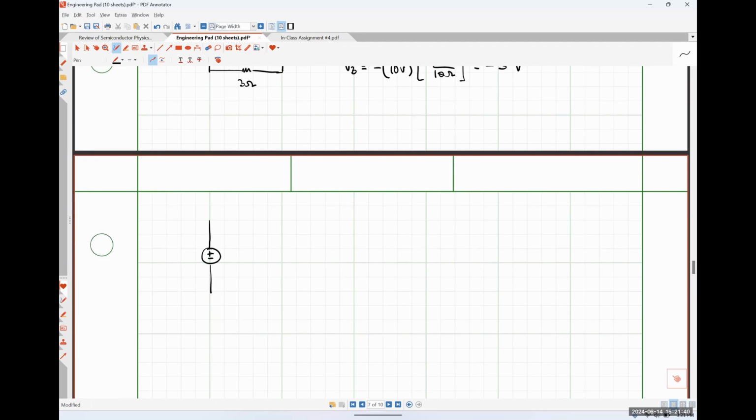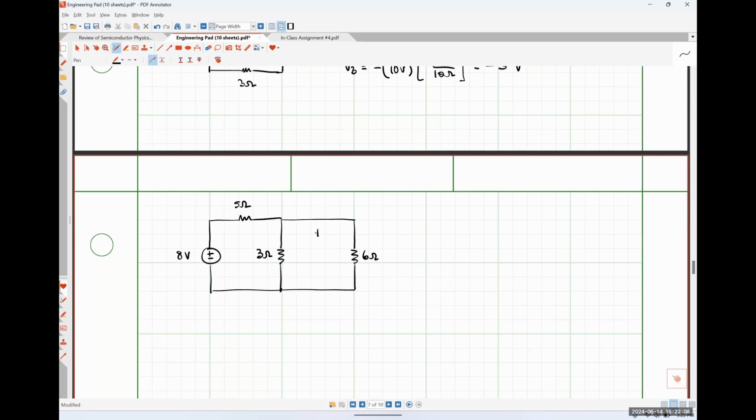So let's say that we have an 8-volt source, a 5-ohm resistor, a 3-ohm resistor, and a 6-ohm resistor, like so.